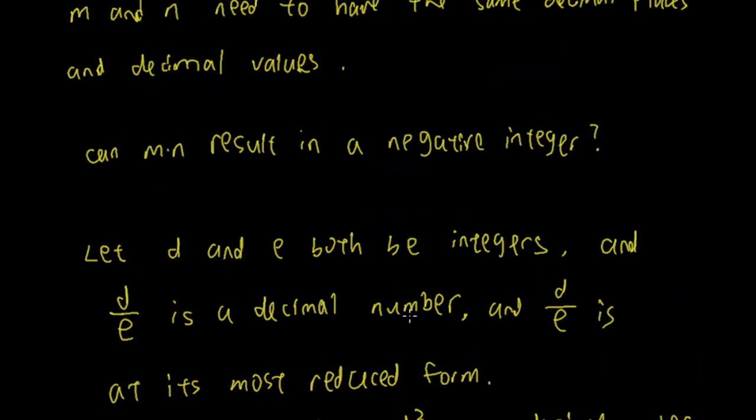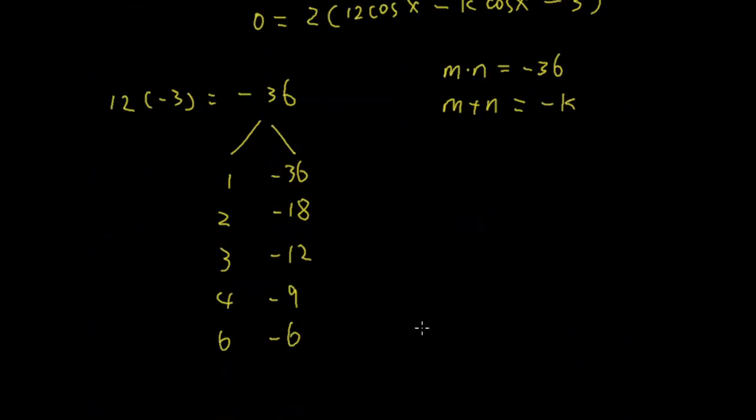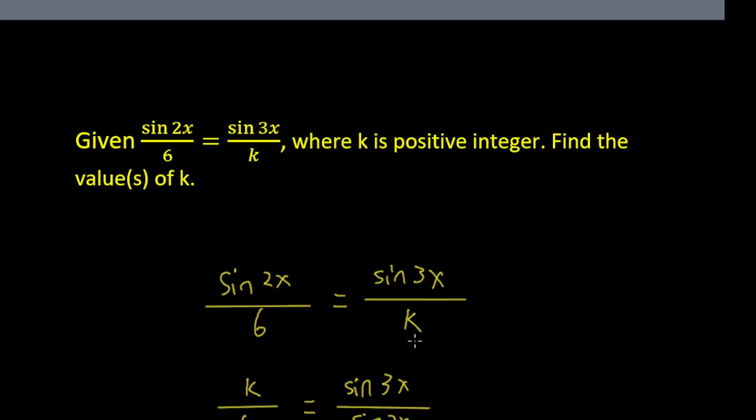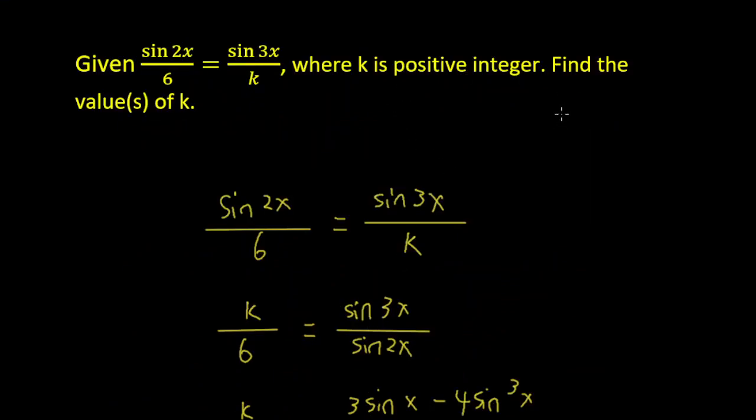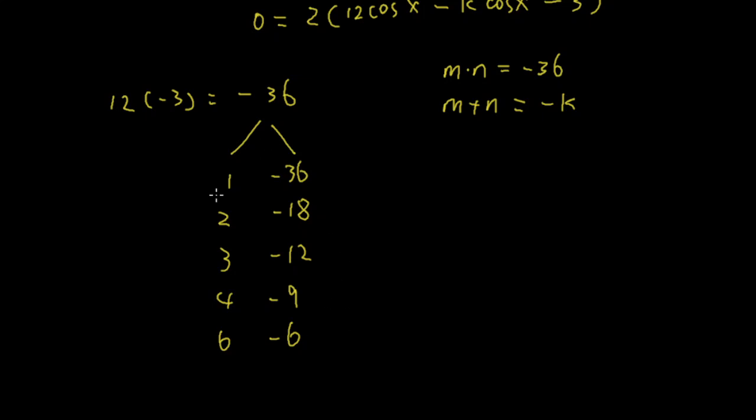Okay. Now, since m and n cannot be decimal numbers, and we did say that k has to be a positive integer, we only have these values here that can be considered as potential values. Okay. So we can write this now.